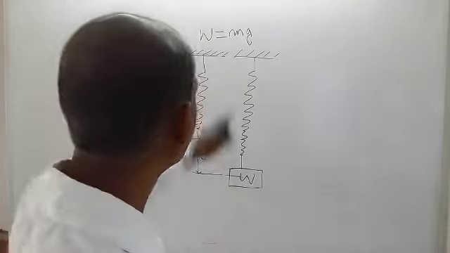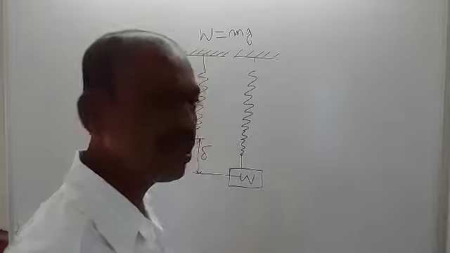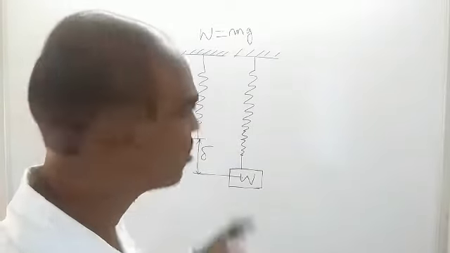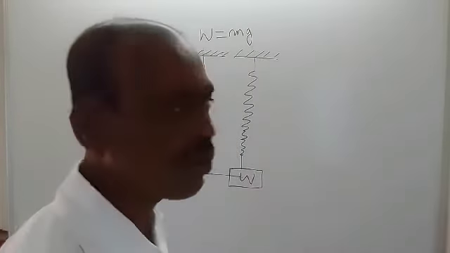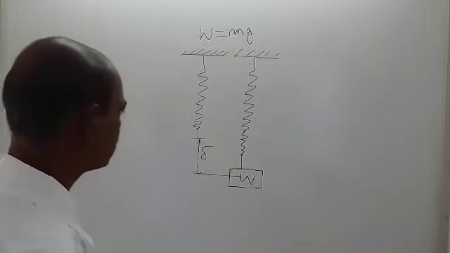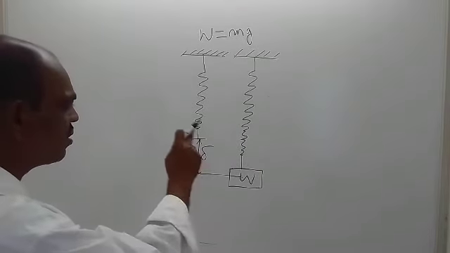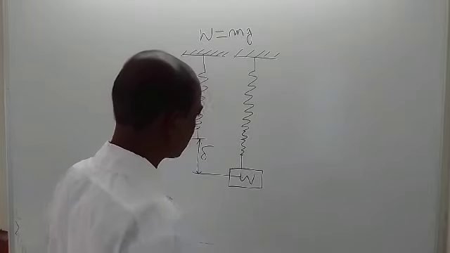That is known to you. And M is the mass of this attached weight. So you will get W is equal to mg. This deflection is due to the attachment of this weight.